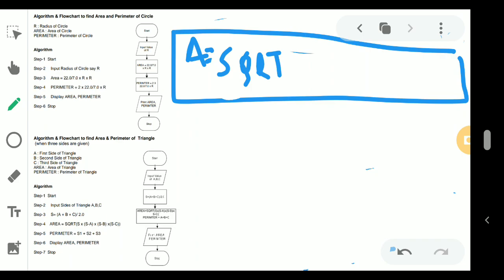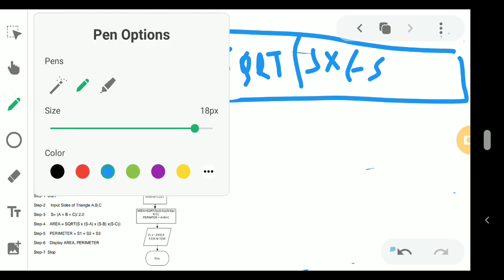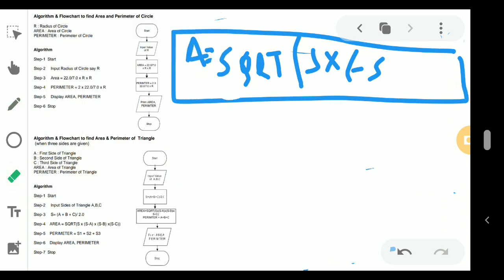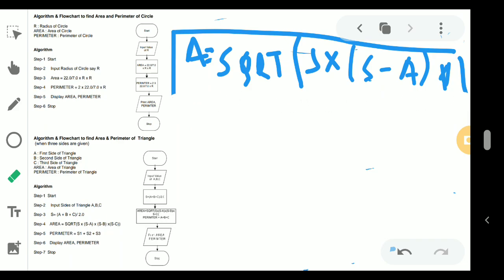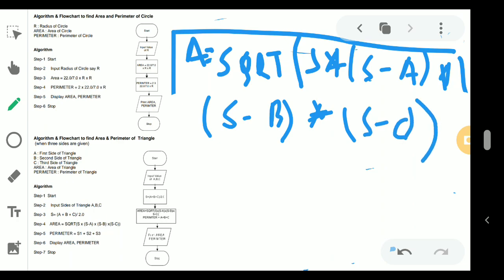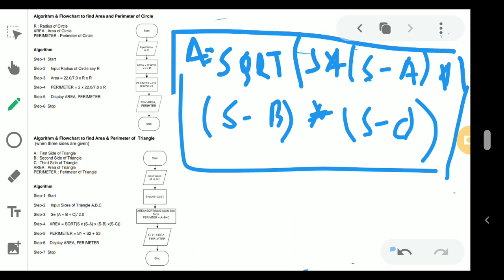Under this you write S into S minus A into S minus B into S minus C, then close the whole bracket. Then the SQRT function is complete.